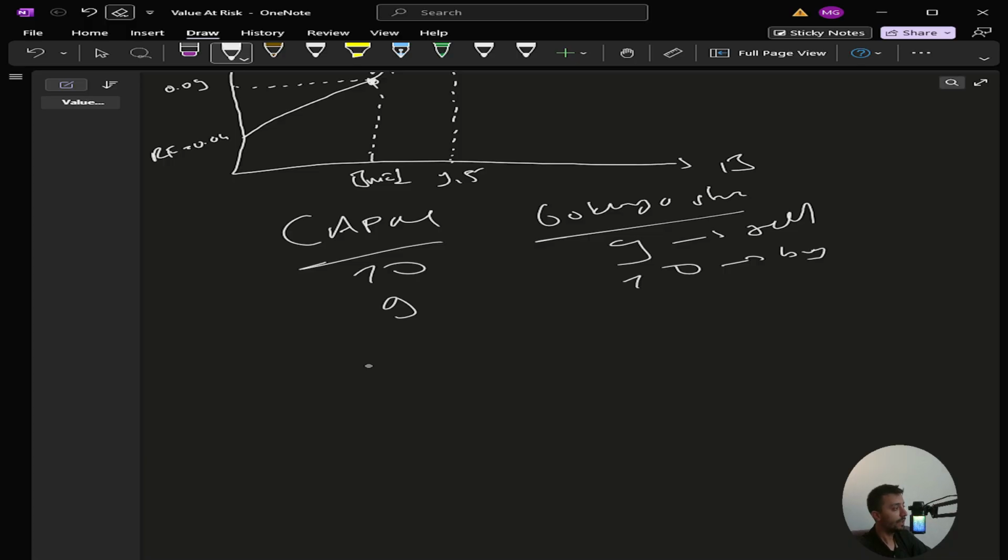A mispriced security would not lie on the security market line in general. In general, an overvalued security would have a required rate of return computed with CAPM that is higher than the expected return computed by analyst evaluation. An overvalued security would plot below the security market line.